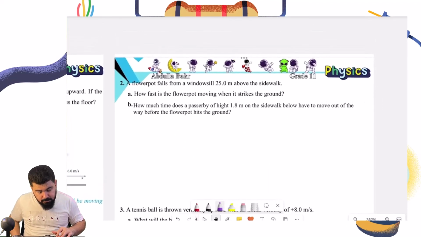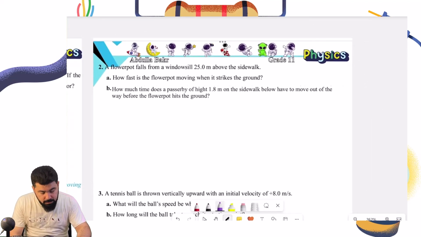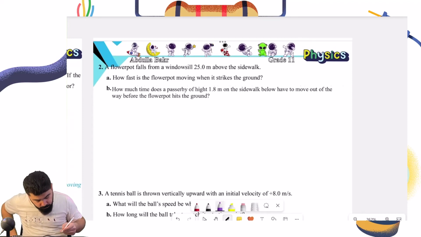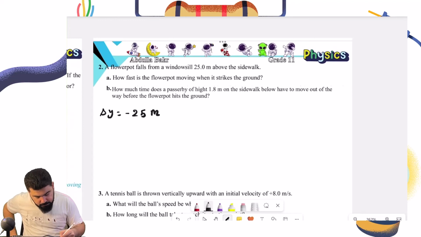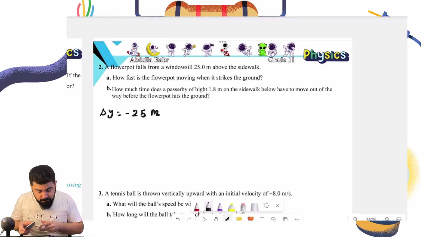Okay, let's solve question 2. A flower pot falls from a windowsill 25 meters above the sidewalk. So let's write the givens. Delta y is equal to negative 25 meters.